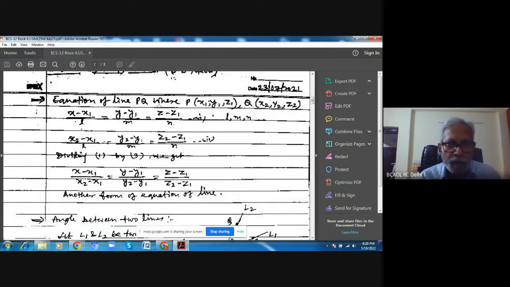Equation of line PQ, where point P is given and Q is also given. Their coordinates are given: x1, y1, z1, and Q is also given x2, y2, z2. Simply you see there are differences x2 minus x1, y2 minus y1. So as you know, that is the case of ratio.